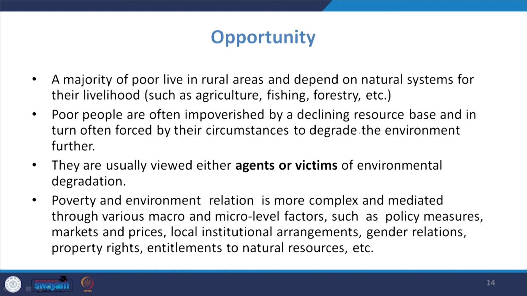Poor people are often impoverished by a declining resource base and in turn often forced by their circumstances to degrade the environment further.